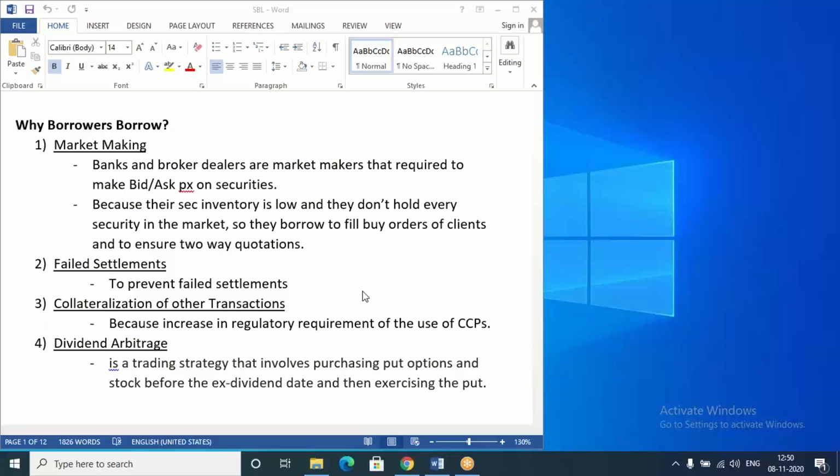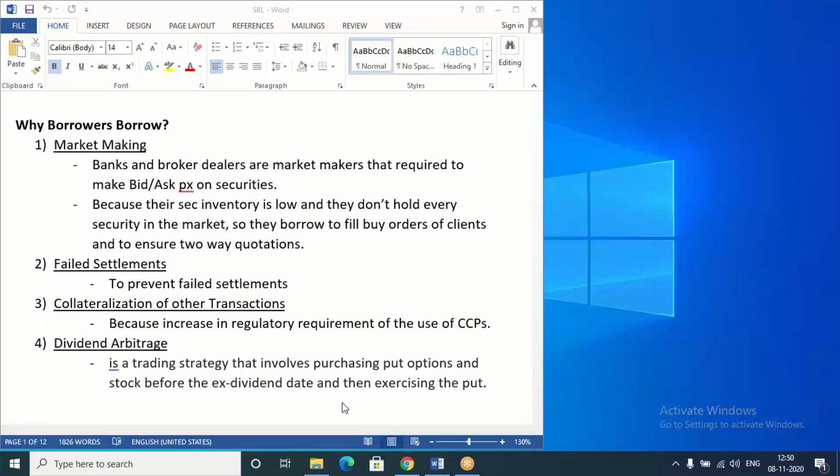Fourth reason is something called dividend arbitrage, which is a trading strategy that involves purchasing put options. What is purchasing put options? Which type of option is it? Long put, short put, long call or short call? Long put. Correct. It's a long put. So what would happen is a person would enter into a long put option where he knows for sure that the company is going to give dividends, so he does it before the ex dividend date.